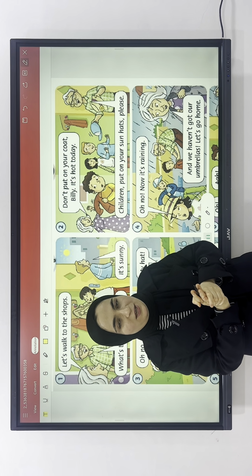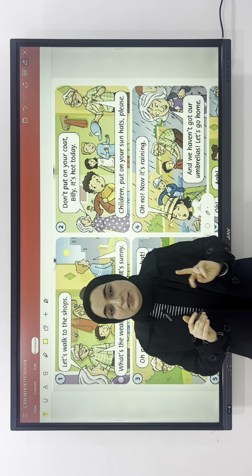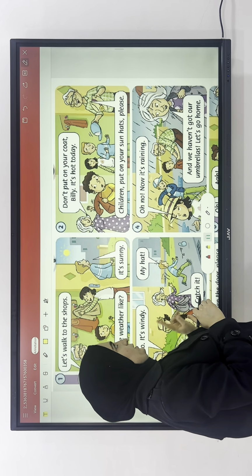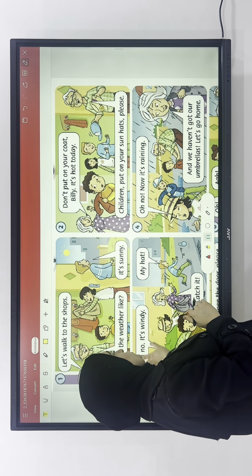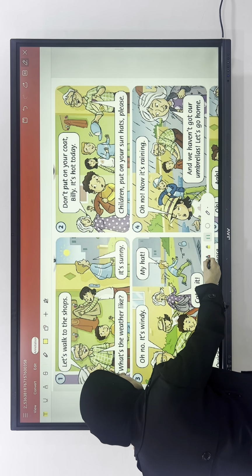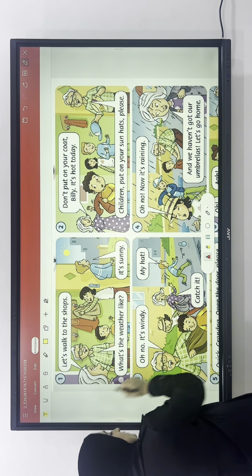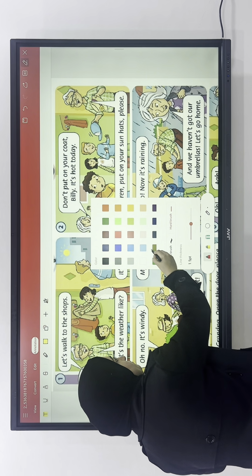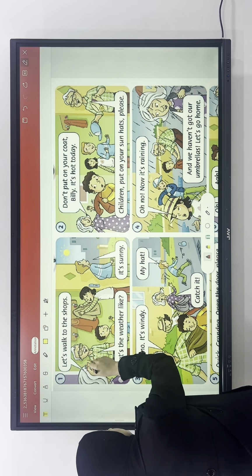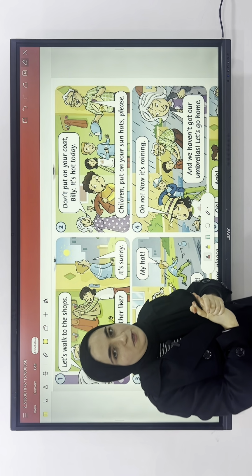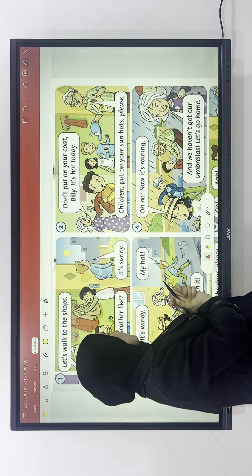Okay guys, now we will go to the second part of our lesson. This is the reading, and the book is on page 74. So page 74, guys. Open your book to this page and then you will read this conversation part.